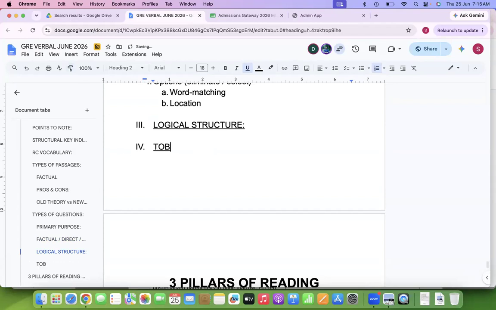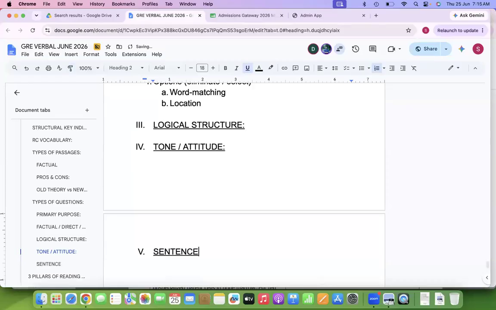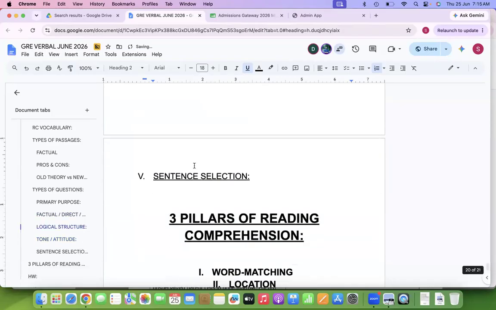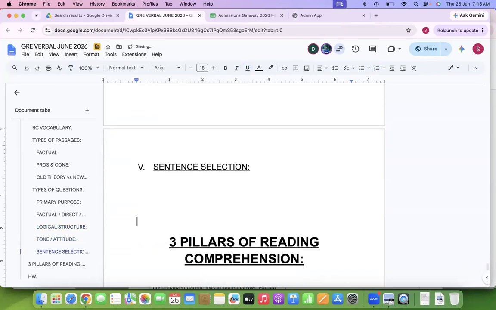There is tone or attitude, tone of the passage, attitude of the author towards something. Then we have something called sentence selection, which is very GRE specific. It doesn't happen on GMAT. You are asked to select a sentence as an answer to a question. Something else that's very GRE specific is vocab in context.